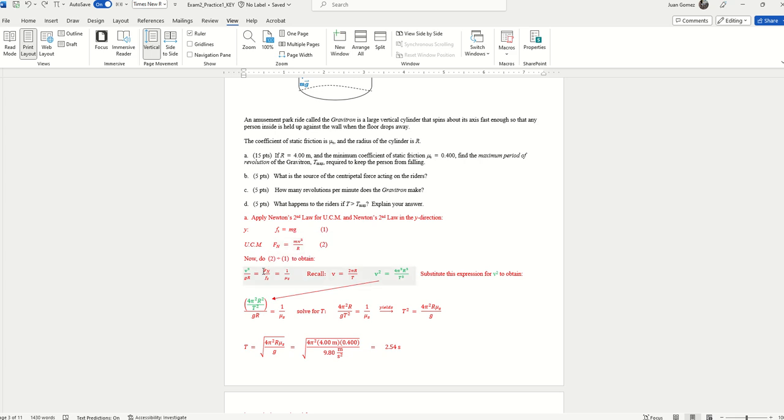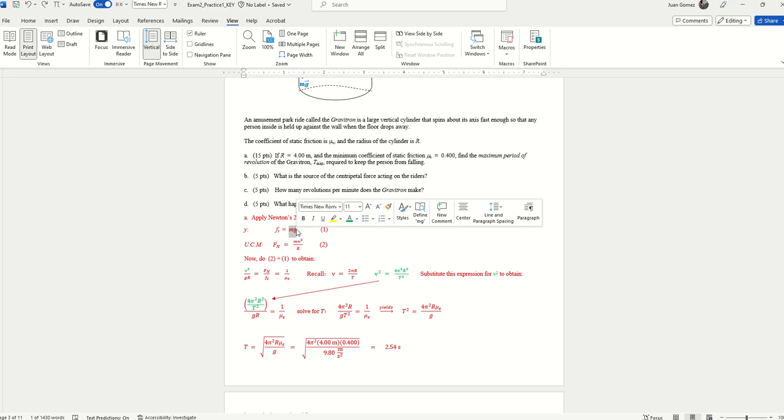I'm taking Fn and dividing it by Fs. Fn over Fs is 1 over the coefficient, because in general mu s is Fs over Fn. Then I'm dividing mv squared over r by mg.